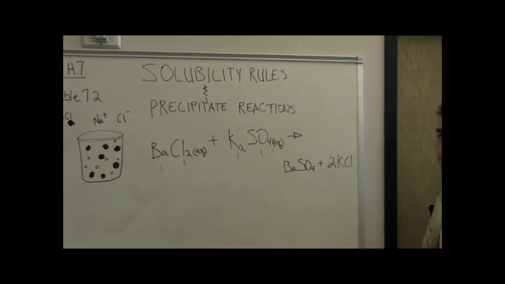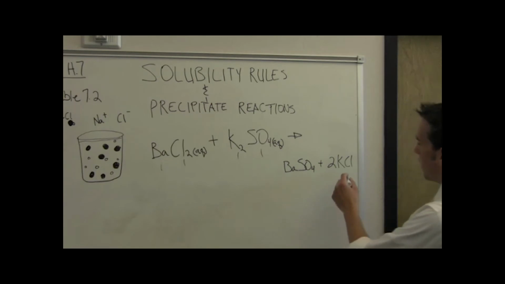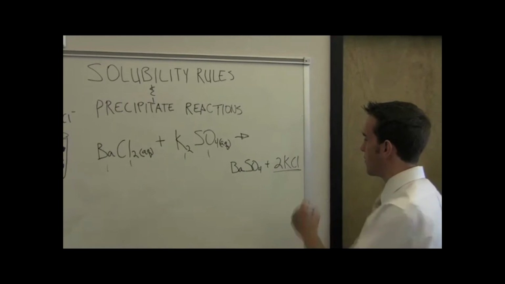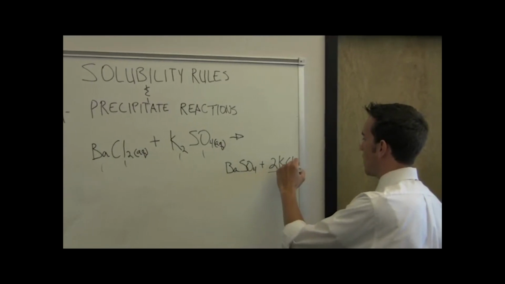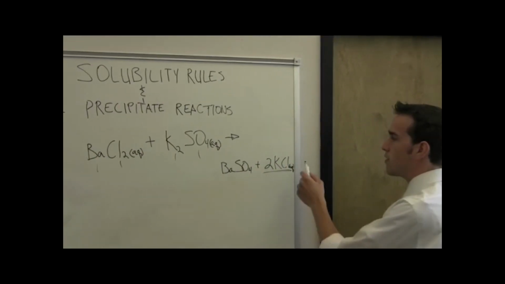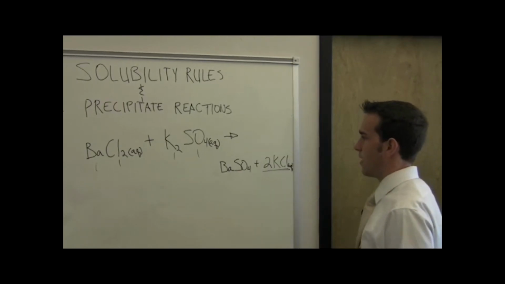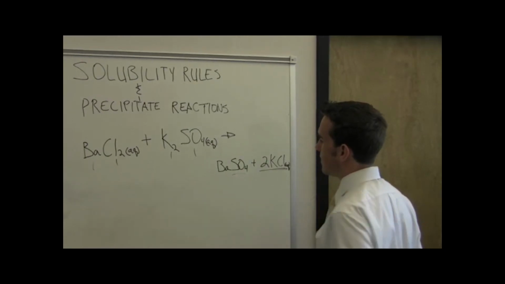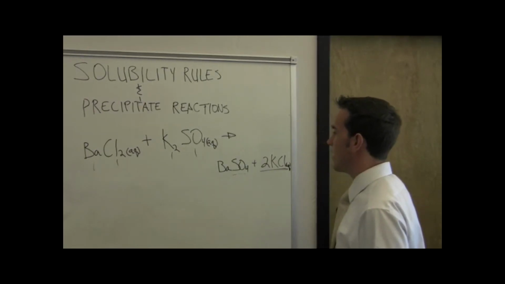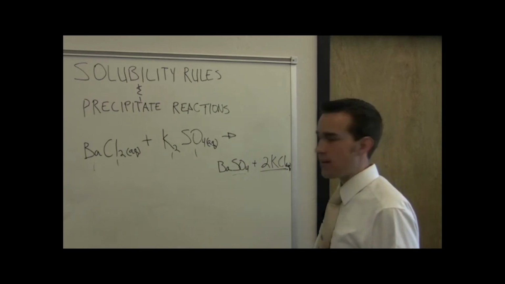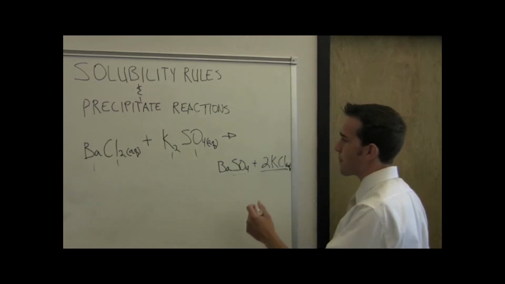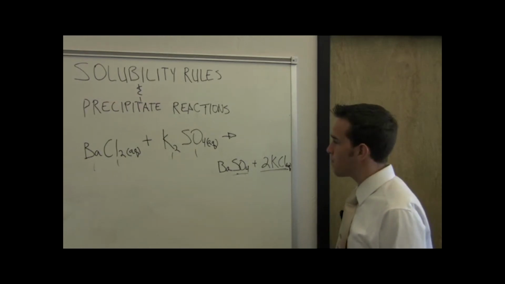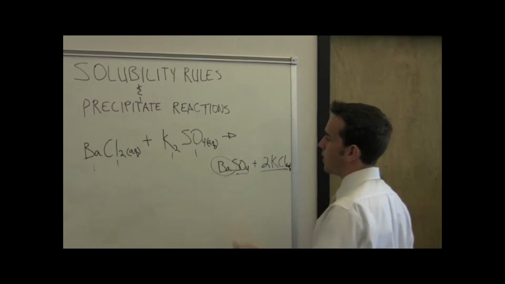Now as we look at that, based on the solubility rules, we'll know that this compound again is soluble, aq, because the potassium is soluble and the chloride is soluble, so together they're definitely soluble. Now as we look at the second product, barium sulfate, we'll see that sulfate is typically soluble, but one of its exceptions is when it's paired with barium.